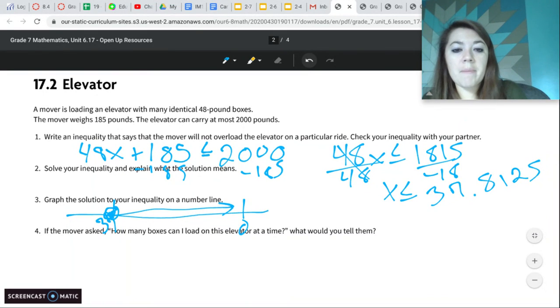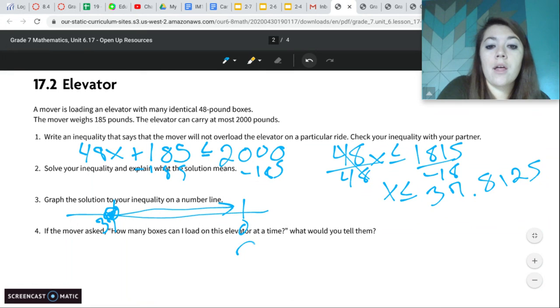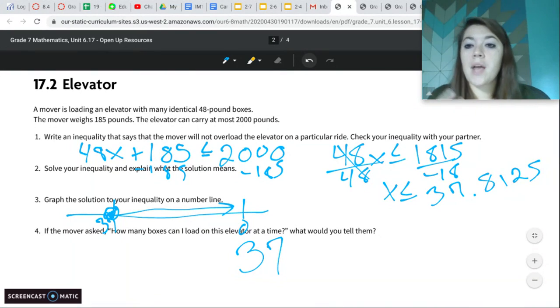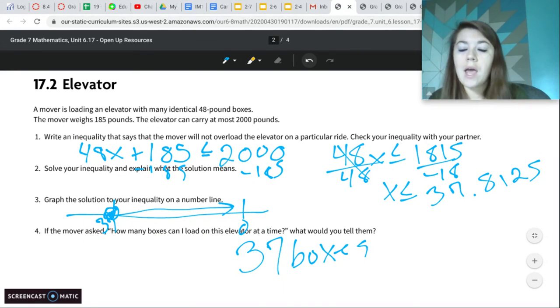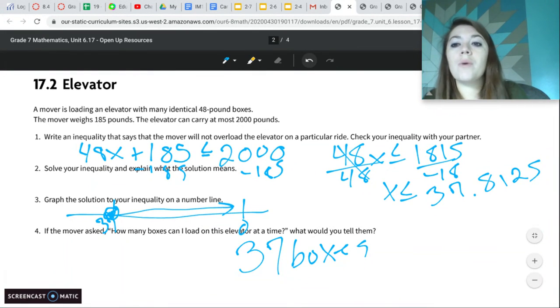If the mover asked how many boxes can I load on this elevator at a time, what would we tell them? Well, we'd say 37 because we have to deal with whole numbers. He's not going to empty half the stuff out of a box and then load it on and have half a box. That's not something he can do. So the maximum he could do is 37 boxes.